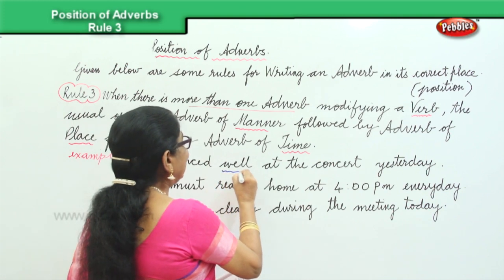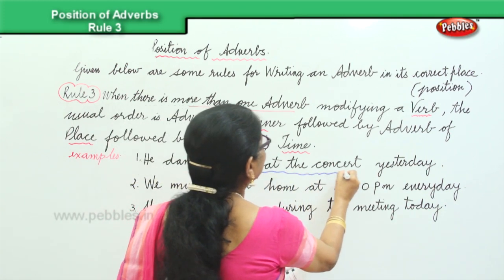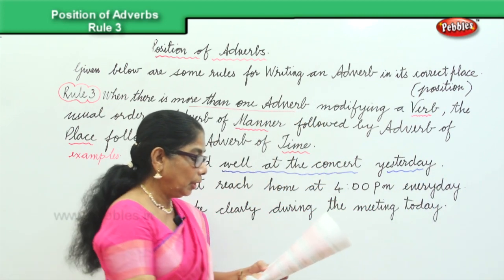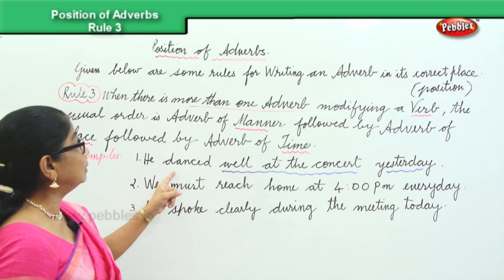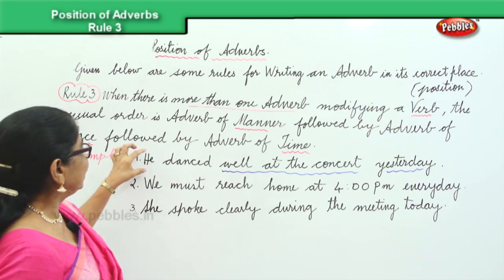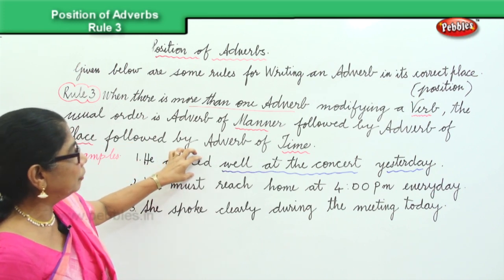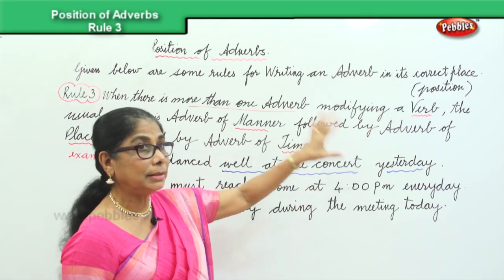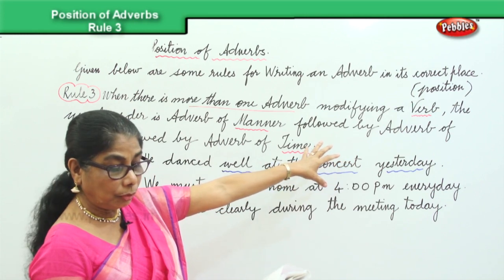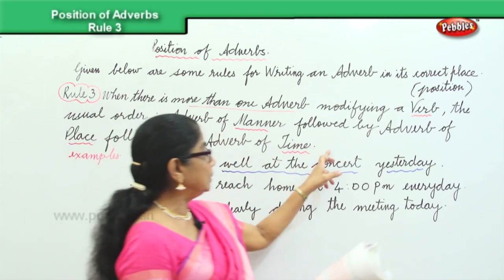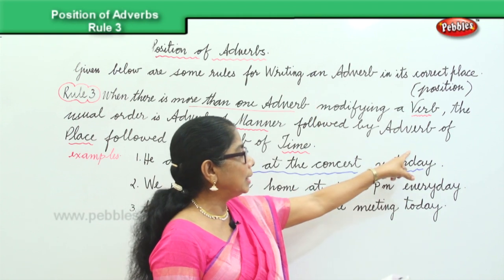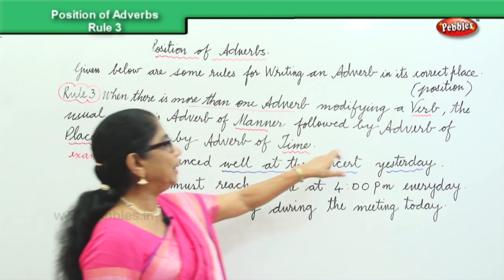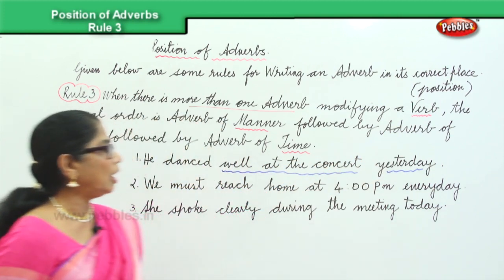He danced well at the concert yesterday. Well is the adverb of manner. Concert, where? At the concert, that is the place. Time, yesterday. So, adverb of manner, adverb of place, adverb of time. You saw how it follows.